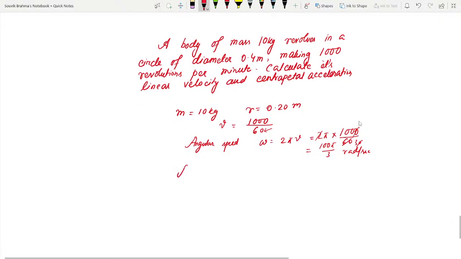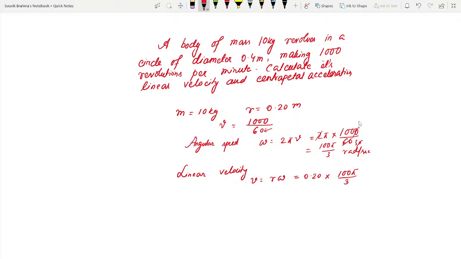Now what will be the linear velocity? Linear velocity v is equal to r omega, so 0.20 into 100 pi by 3.